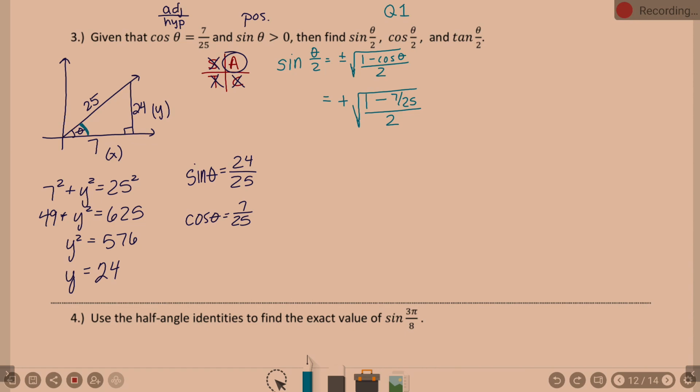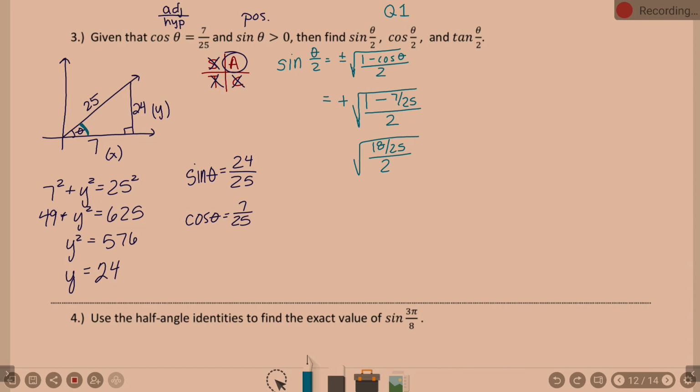Now, a couple of different ways you can proceed from here. We've got to clean that mess up, right? I probably would say, what is 1 minus 7/25? 18, yeah, because we'll be doing 25/25 minus 7/25. So we're going to have 18/25 divided by 2.